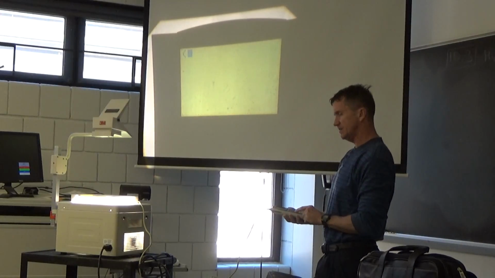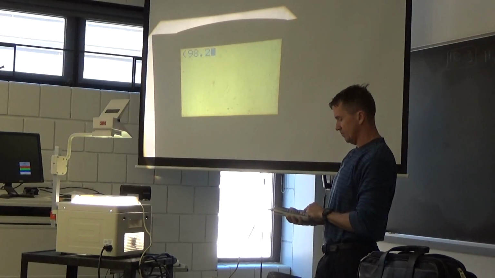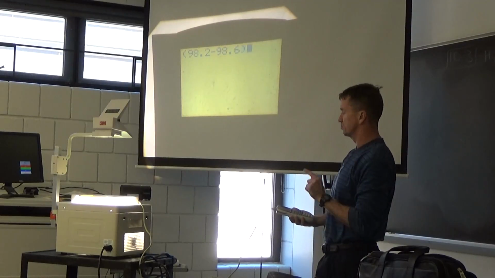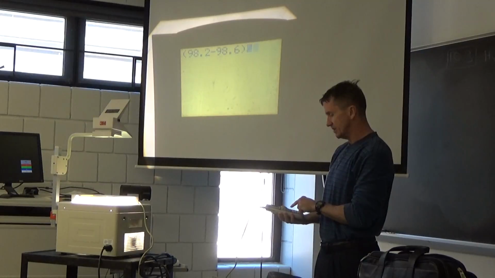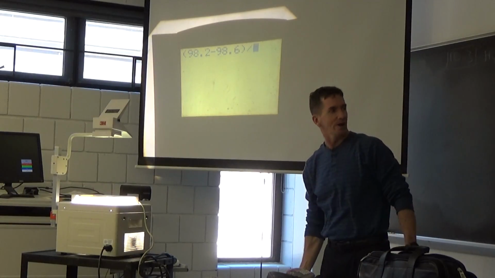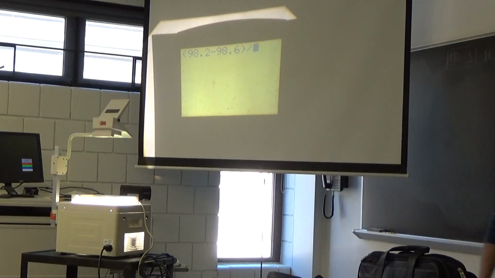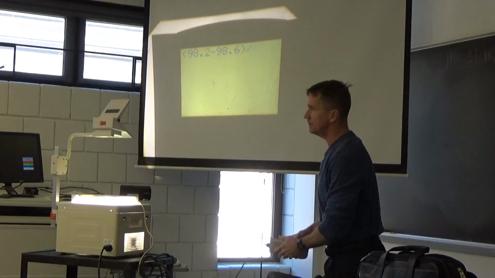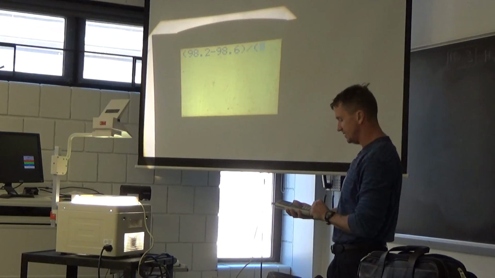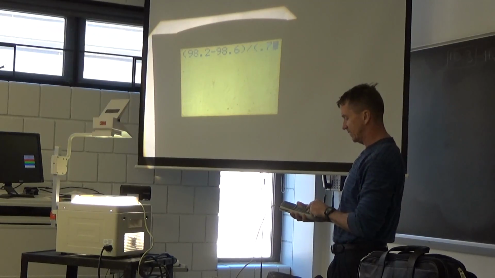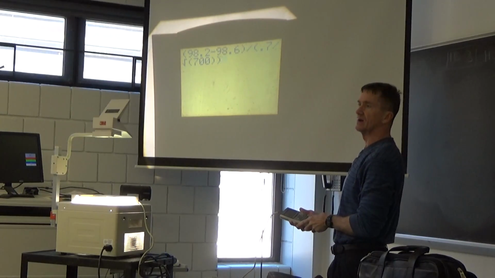Parentheses, 98.2 minus 98.6, close parentheses. Now I hit division, and does everyone see when I wrote this on the board, I put parentheses here? If I try to type this all out at once, I gotta be very careful with these parentheses. Divided by parentheses, 0.7 divided by square root of 700, close that parentheses, and this will be fine.